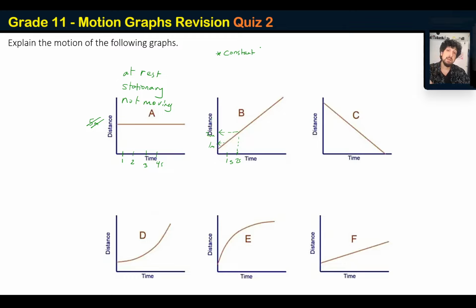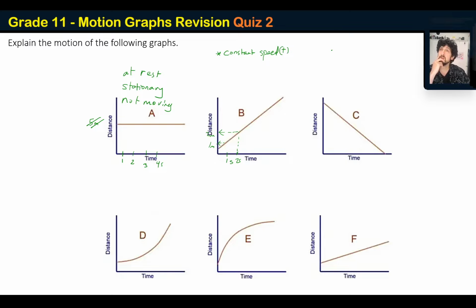Velocity has to do with displacement over time, but speed has to do with distance over time. So since this is distance and time, it is speed. So constant speed, and it's positive since it's going upwards. It's also offset, so it starts at a certain distance. That's probably all I need to say.